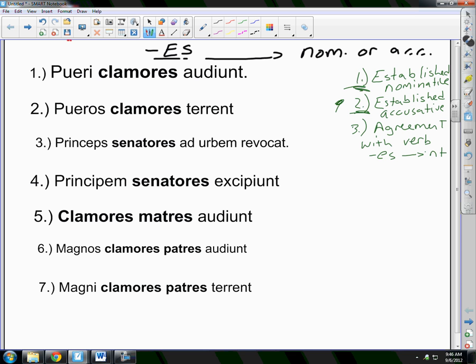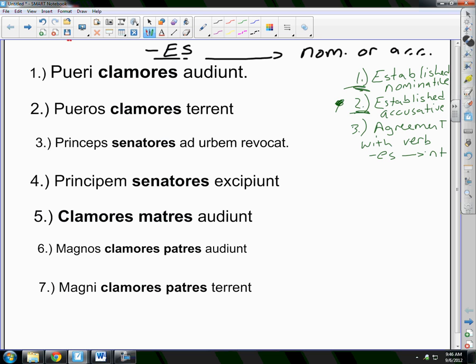If I establish one of the other words in a sentence as a nominative or an accusative, then I can eliminate one of the possibilities, so it has to be the other. In this case, I've established the accusative, so the accusative plural is not a possibility for senatores. So it has to be nominative. That's really all that there is to deciding whether the es is nominative or accusative.